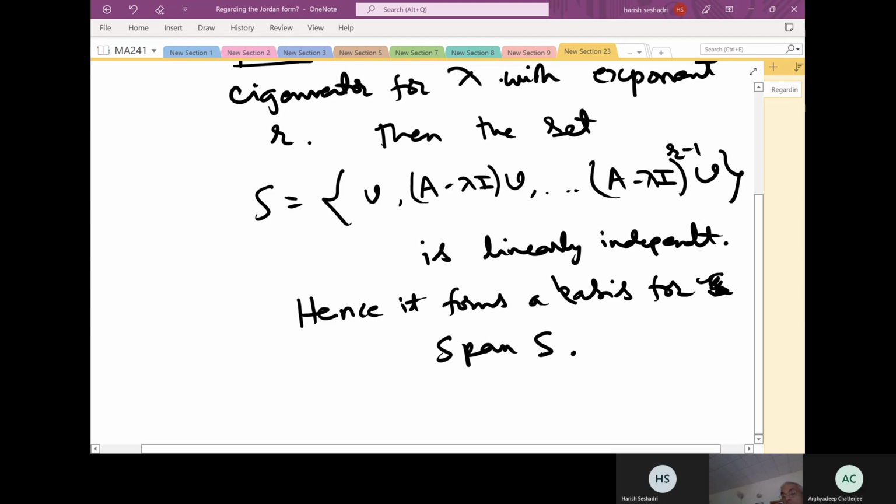By the way, anything in the span of this is again a generalized eigenvector, because if you multiply that by (A minus lambda I) to the r, it will be 0. So this particular set is S, and span S is invariant under A.